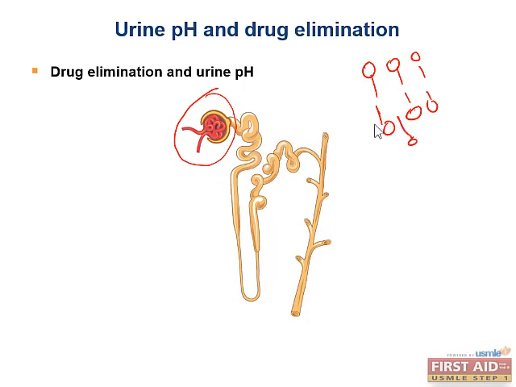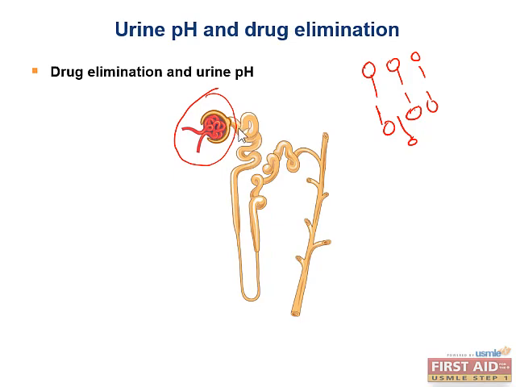Now, the same principle is going to regulate drug reabsorption once the drug is filtered through the glomerulus. Drugs are going to enter the lumen, and they're going to be reabsorbed. As you'll see in the renal section, the brush border cells lining the lumen of the nephron will try and absorb any filtered drugs. So if it gets filtered through the glomerulus, the kidney is going to try and reabsorb those drugs.